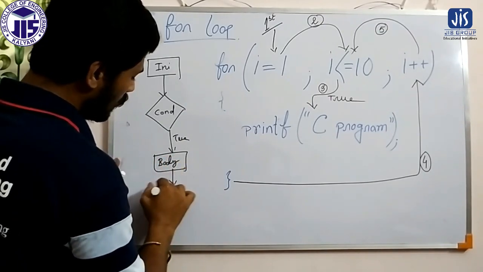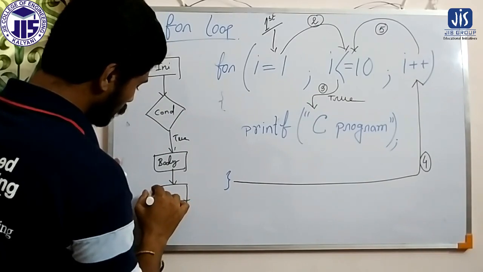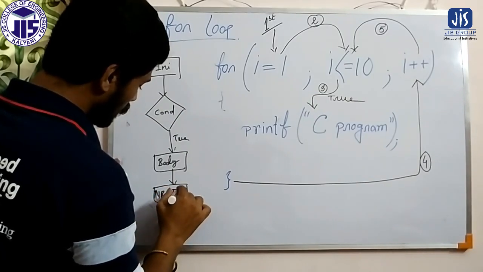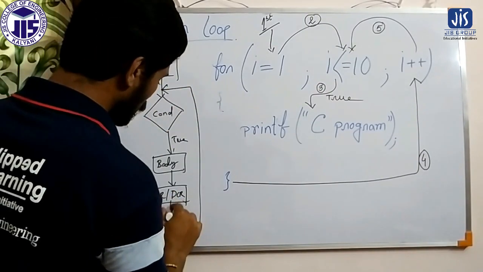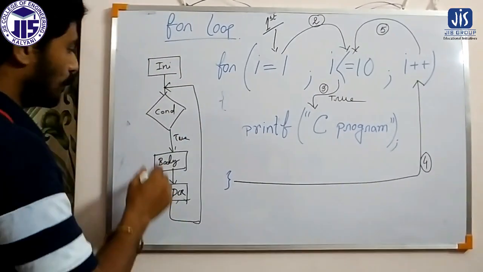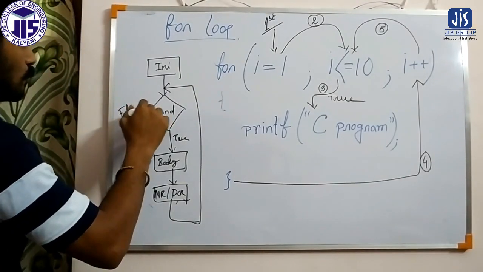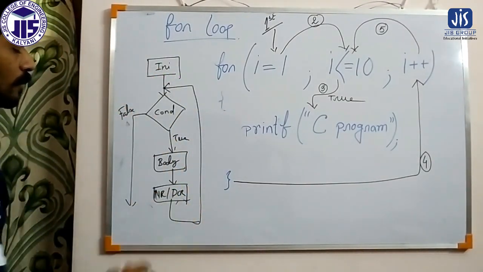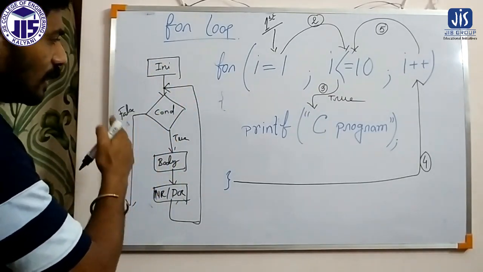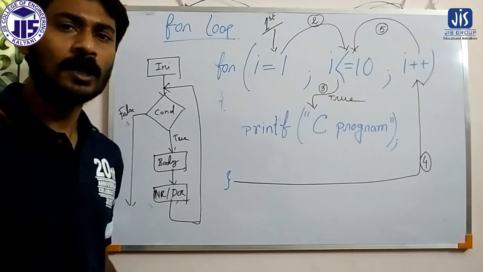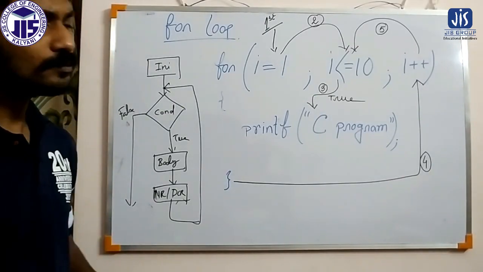After the body, increment or decrement will be done. Then again it will get back to the condition, and the process will continue until the condition becomes false. So this flowchart is for the for loop, and it is exactly following the flowchart of the entry control loop. That's why we call the for loop also an entry control loop.